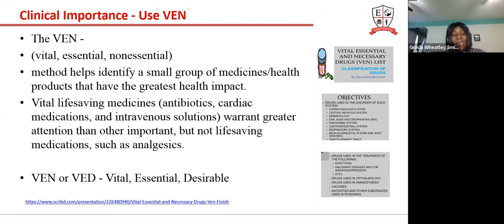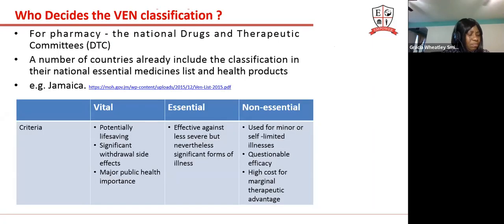So we may not die because we didn't have paracetamol to take, but if we did not have, let us say, a carvedilol to help with the hypertension and our heart, then of course we may die. So we have the VEN, vital, essential, and non-essential, or the VED, vital, essential, and desirable. Who decides the VEN list?